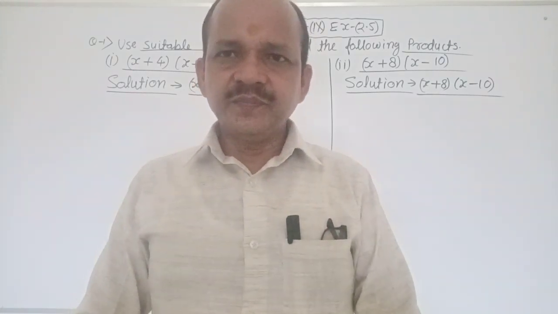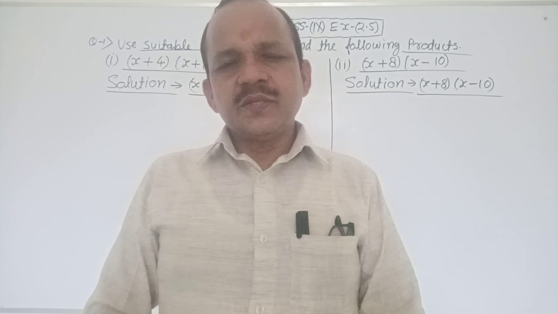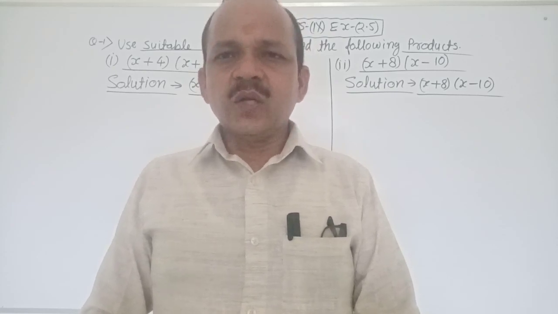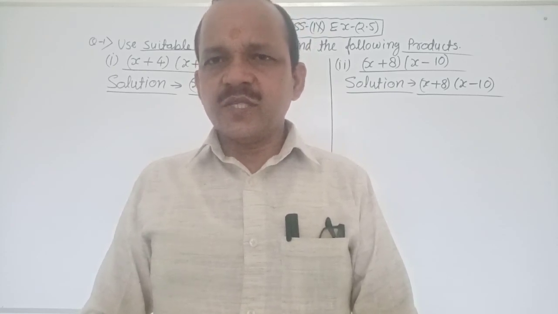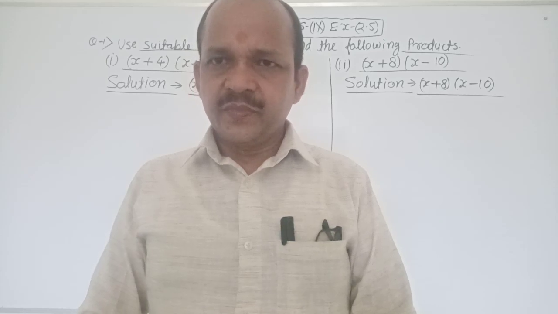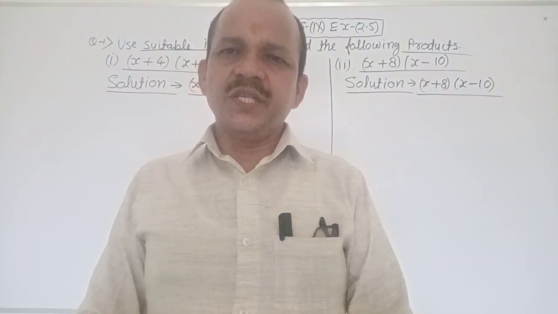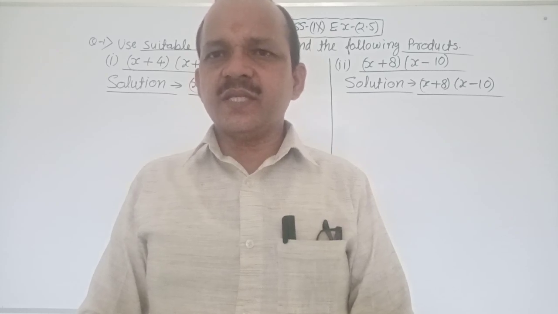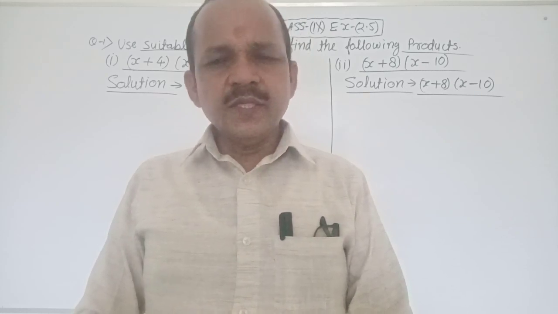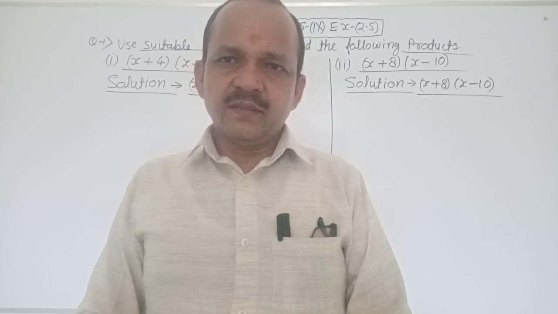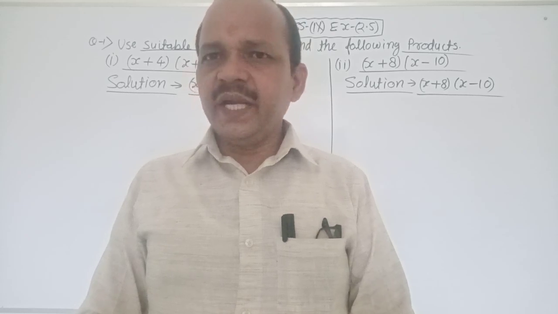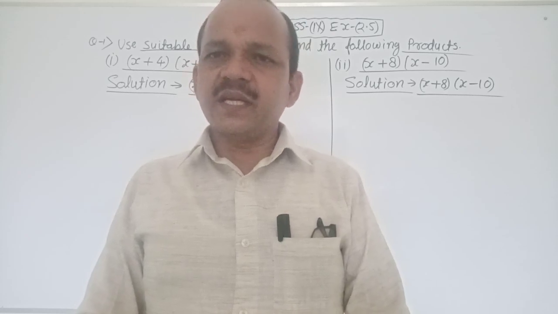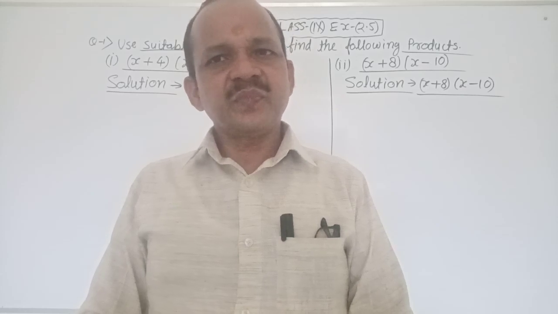A plus b whole square equals a square plus b square plus 2ab. A minus b whole square equals a square plus b square minus 2ab. A square minus b square equals in first brackets a minus b, in second brackets a plus b.